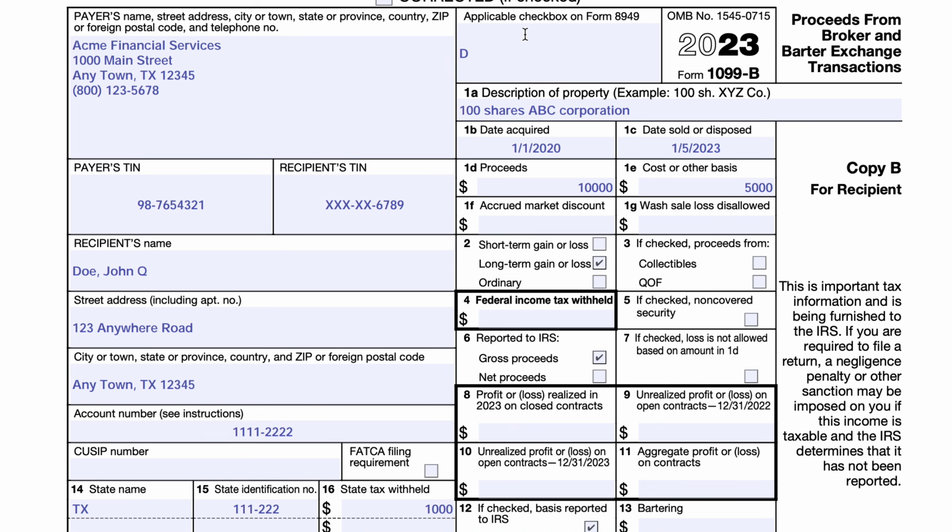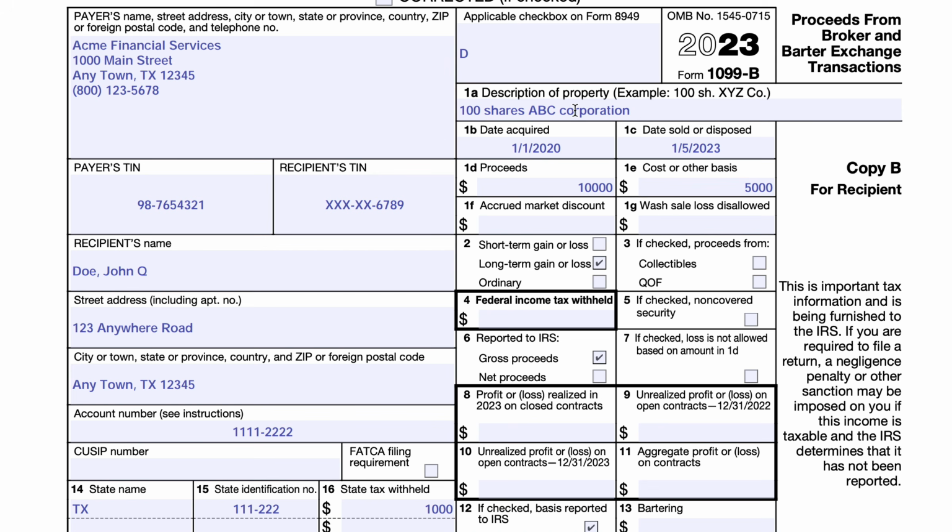In our article, we break down all the different codes that you might see here and what they might mean. But in this case, we're reporting a long-term gain. The proceeds and the basis are being reported to the IRS, and that means that John Doe should report this accordingly, either on his Form 8949 or on Schedule D, or both.